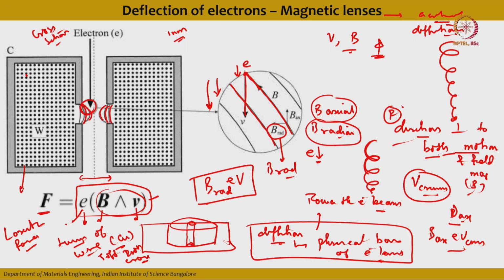It is similar to a lens which uses light to focus to a certain point. In magnetic lenses, this extends over a short distance along the axis, so it is similar to thin lenses.